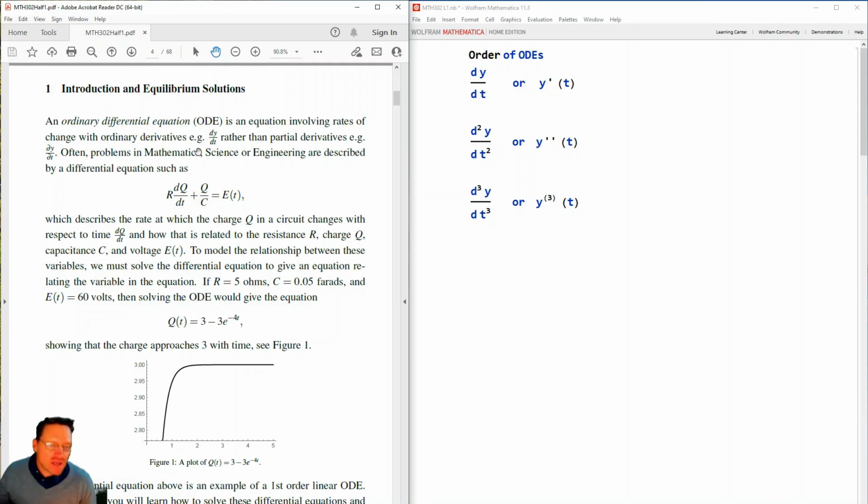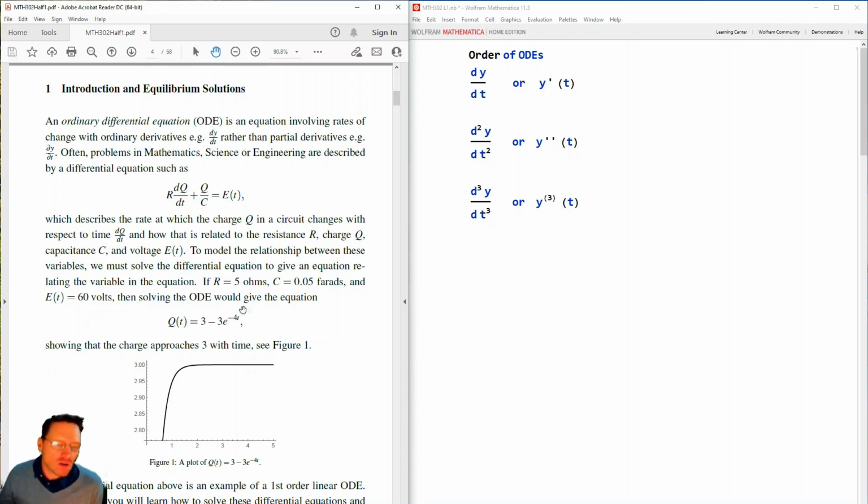And then here, again, we have a Q for the charge. So all the other letters are constants in that equation. If, for example, the resistance is 5 ohms, the capacitance is 0.05 farads, and the battery supplies 60 volts, then we want to solve this differential equation so that we can model the charge as time goes on.